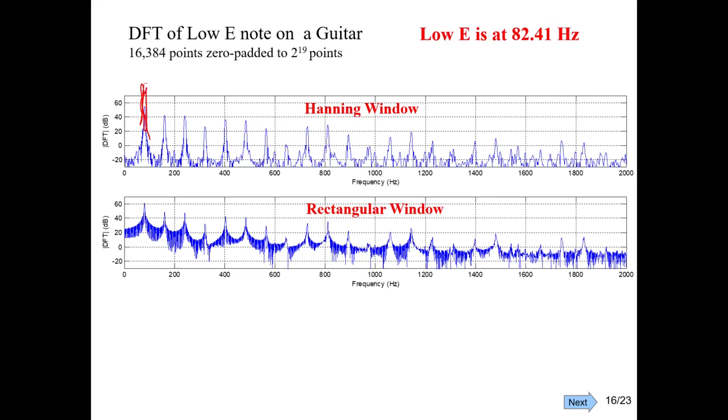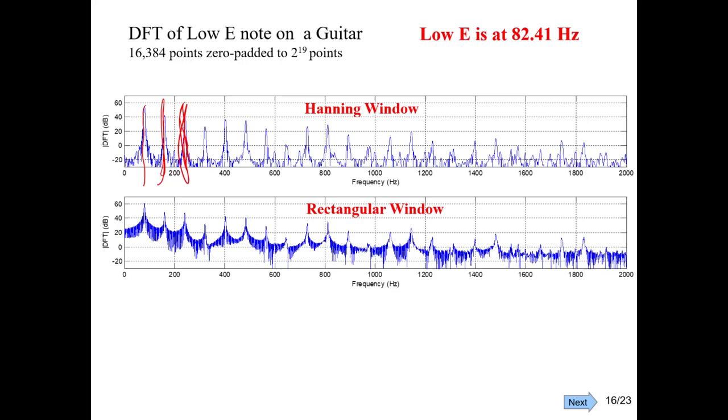pseudo-periodic signals like a string being plucked on a guitar vibrates back and forth, creates something that's kind of periodic. So from Fourier series, we expect to see integer multiples of that fundamental frequency. So we would see something at around 82, then 164, and then 3 times 82, whatever that ends up being, 240 something.